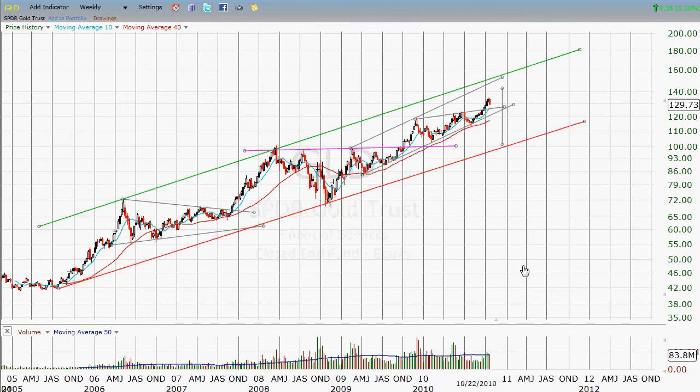I had bought GLD about here at 960, back in 2009, seeing this as a developing inverted head and shoulders. The funny thing is that at the time I bought it, a lot of analysts were saying this was a double top. You've got to look at the overall pattern.